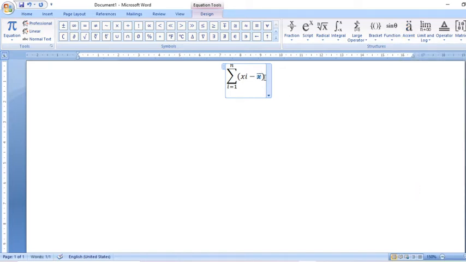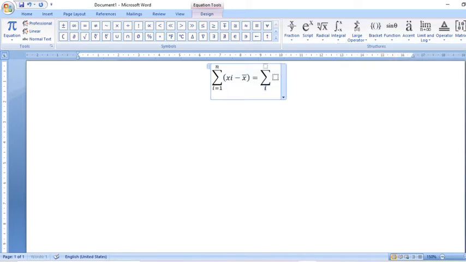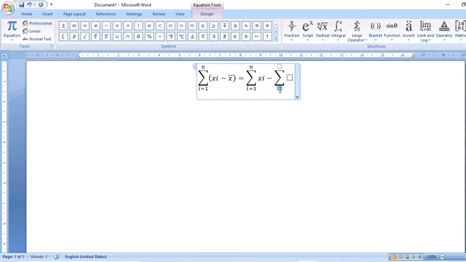So this is exactly deviation, and the sum of the deviations will be equal to, we can take the summation on both sides, summation i from 1 to n of xi minus summation i from 1 to n of x bar.